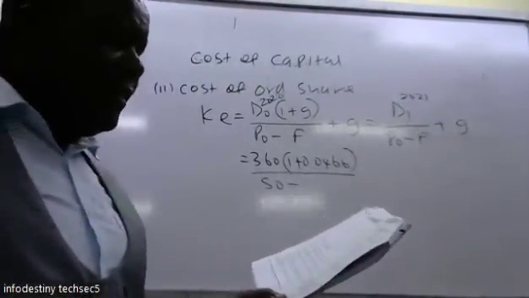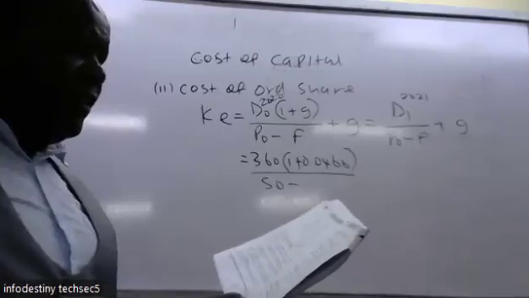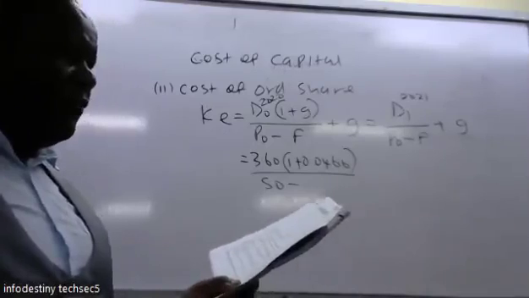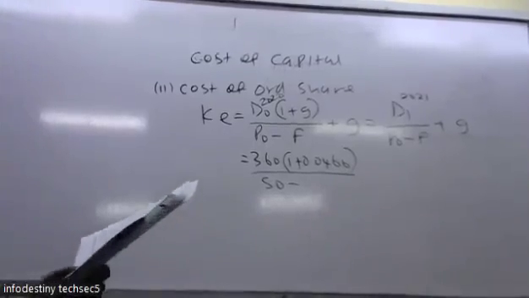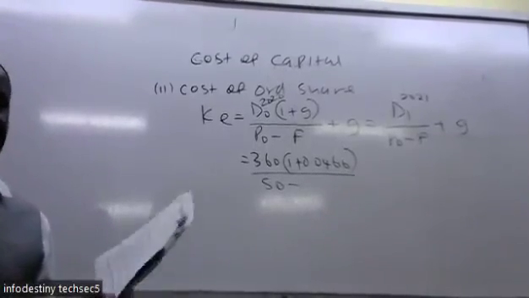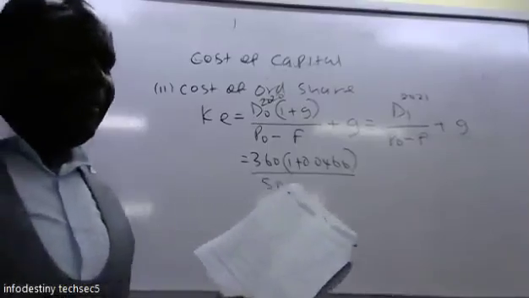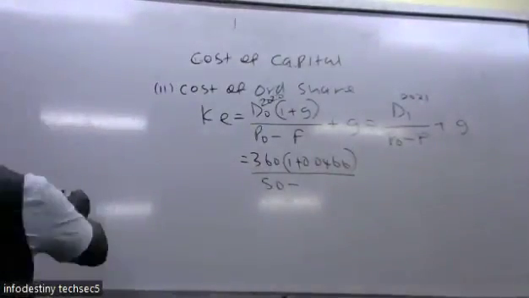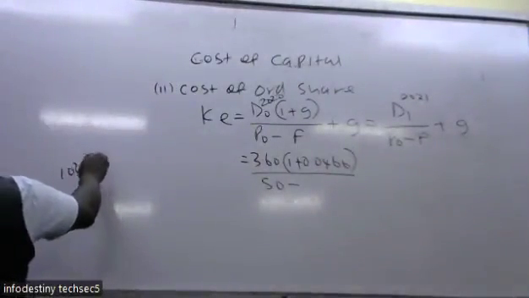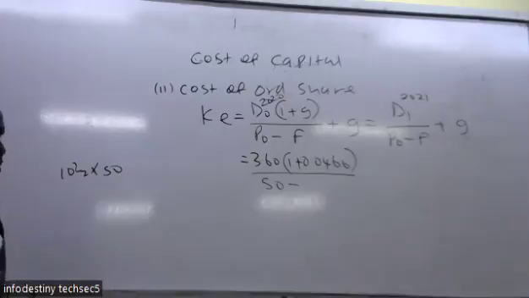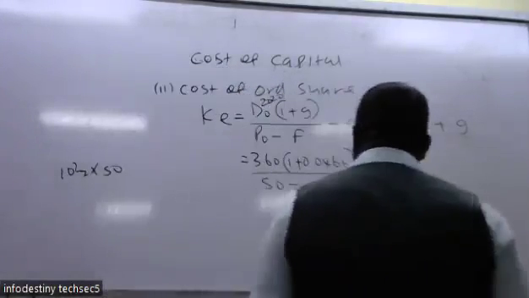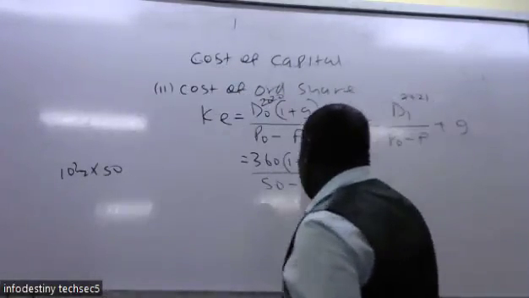Any extra external equity will be raised through the issue of new ordinary shares at a flotation cost of 10% of the issue price. So 10% of the 50 will be 5. So your flotation cost is 5.